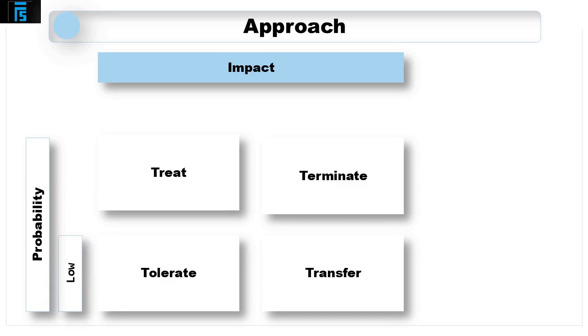For risk factors of low likelihood and low impact, a company may choose to simply tolerate the risk. If a risk factor is of low impact but its occurrence is highly probable, a company may decide to treat it by applying either a controls system or hedging against it.